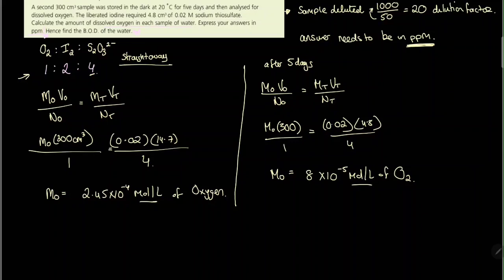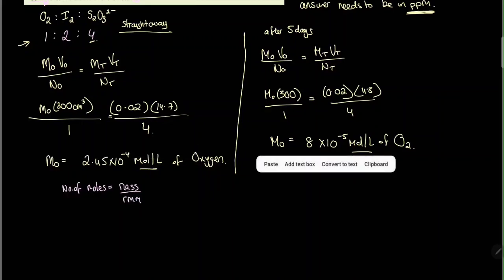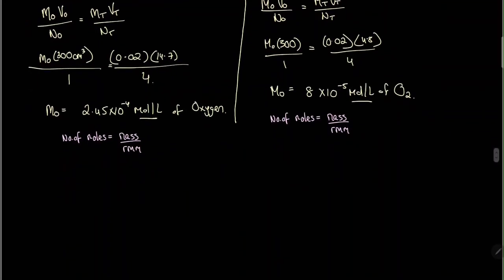To do that, you need to go from moles per litre to grams per litre to milligrams straight into parts per million. So we're going to use this formula for both sides. Number of moles equals the mass over relative molecular mass. And we're going to do the exact same thing then over on the other side. Okay, so we have the number of moles.